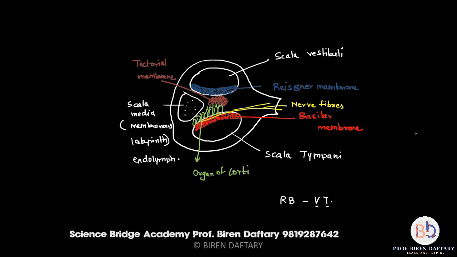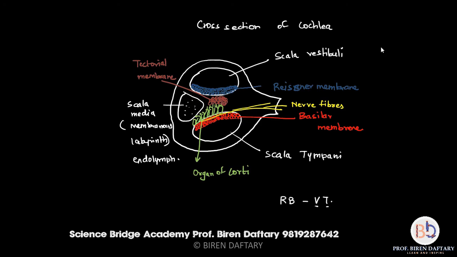So this here, friends, is the entire structure of the internal ear. I will just write down the heading. The heading is basically cross section of cochlea. Cochlea is a part of the internal ear.